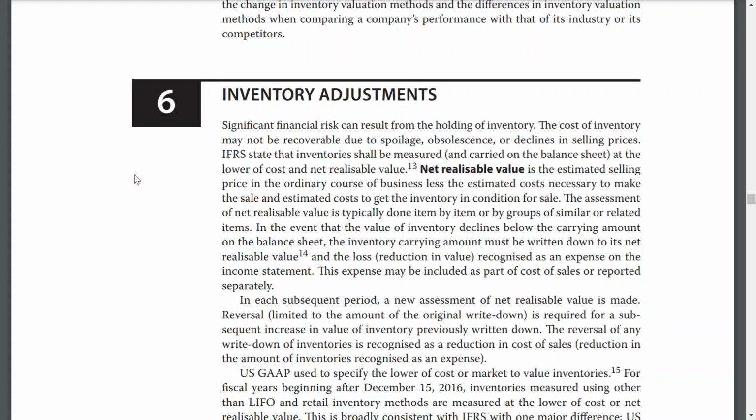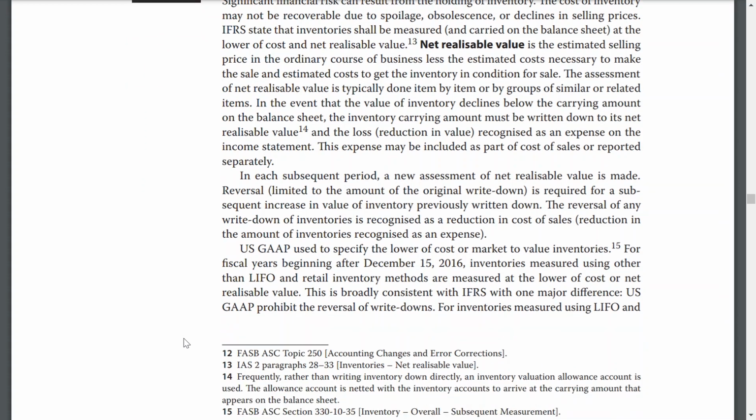Net realizable value is the estimated selling price. In each subsequent period, a new assessment of the net realizable value is made. A reversal is required for a subsequent increase in the value of inventory. The reversal of any write-down of the inventory is recognized as a reduction in the cost of sales.